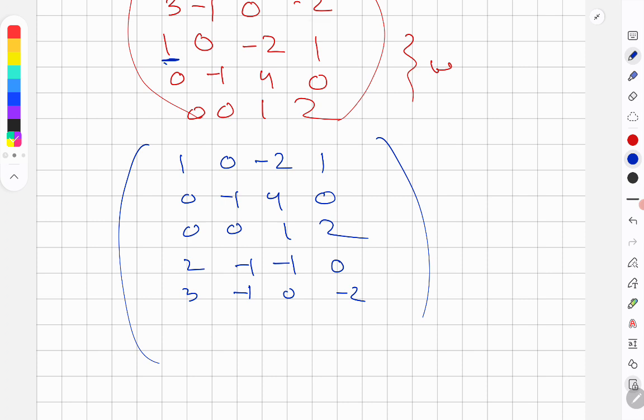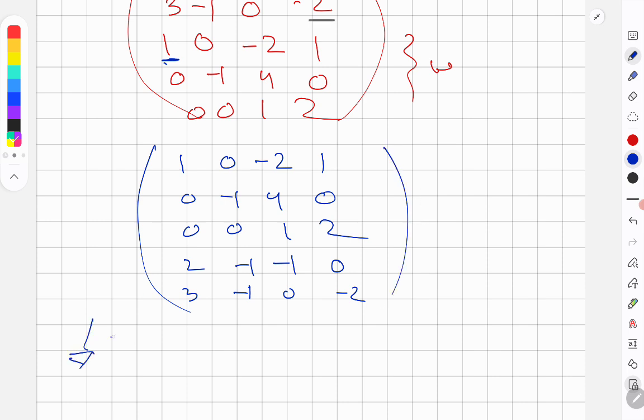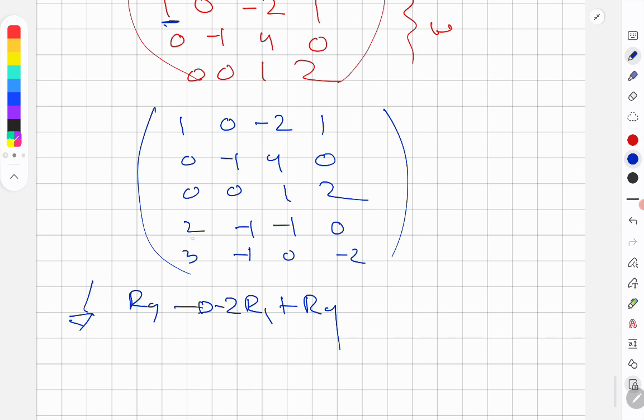Now I will do one thing. My R4 will be -2 R1 plus R4, because I want to make this one 0. I multiply by -2 here and add it over here.